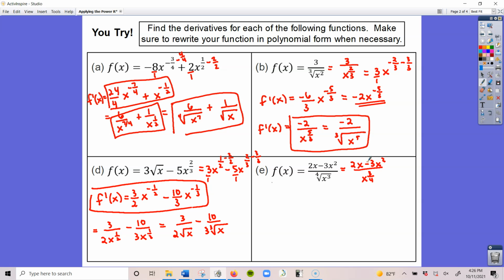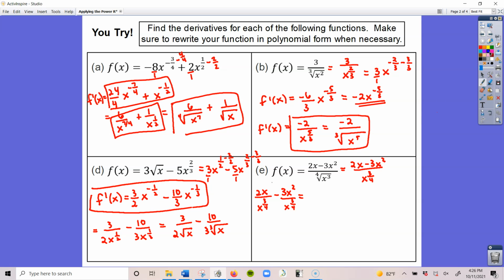So that means that we have 2x over x to the 3/4 minus 3x squared over x to the 3/4. So I split up my fraction so that I can simplify each individual term. Now remember, when you're dividing, we need to subtract those exponents.